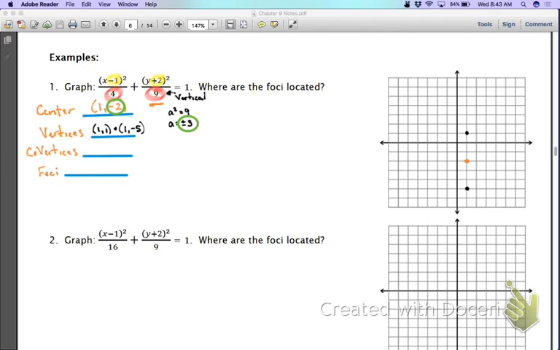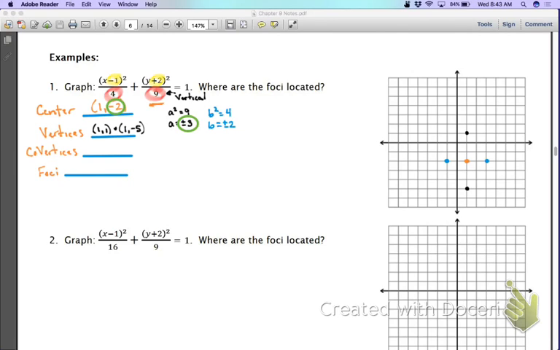Now, whenever we do the co-vertices, I'm going to worry about the 2. I'm going to have b squared equals 4, and b is equal to plus or minus 2. So now, instead of going vertical from the center, I'm going to go horizontal from the center. I went left 2 and right 2.